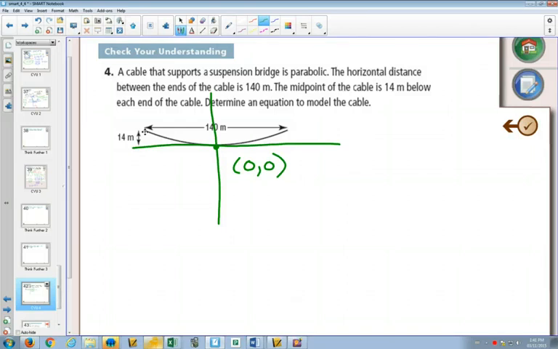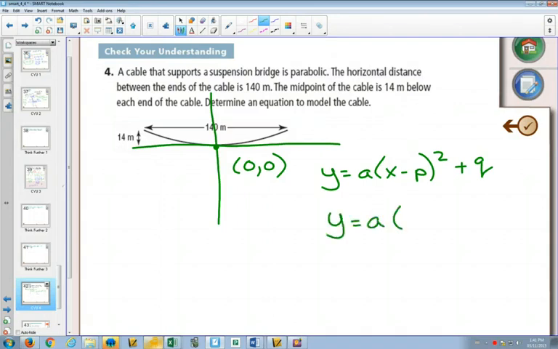Your vertex is right at 0, 0. So when we start with our equation, we're not moving any way to the left or right. We're not moving up or down at all. Our equation just becomes, if you want to write zeros in temporarily, you can, but that's just the same as y equals ax squared.